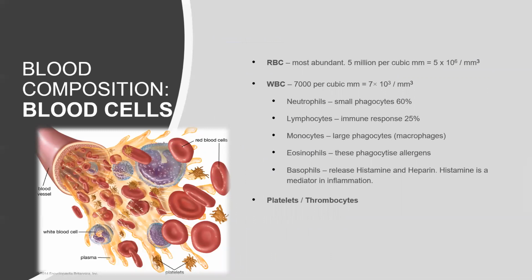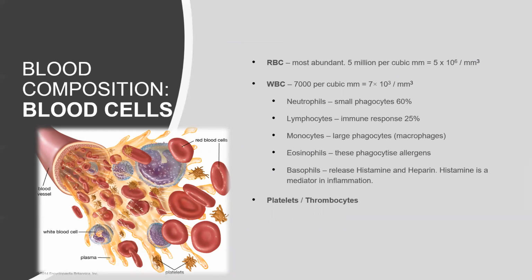But what we're going to talk about is red blood cells. So the other part of the blood, we said first part is plasma, and the other part is blood cells. We had hematocrit, the densest part, and in between we had the buffy coat.